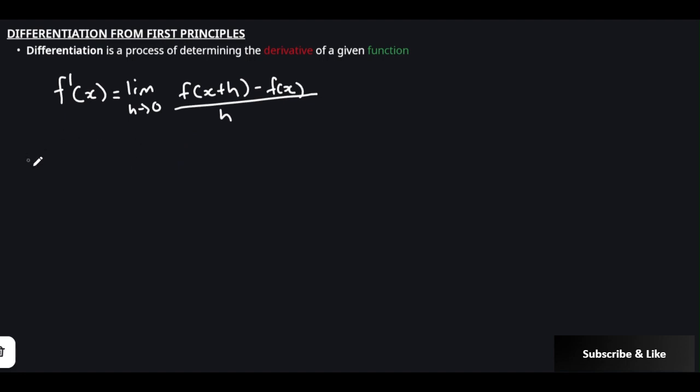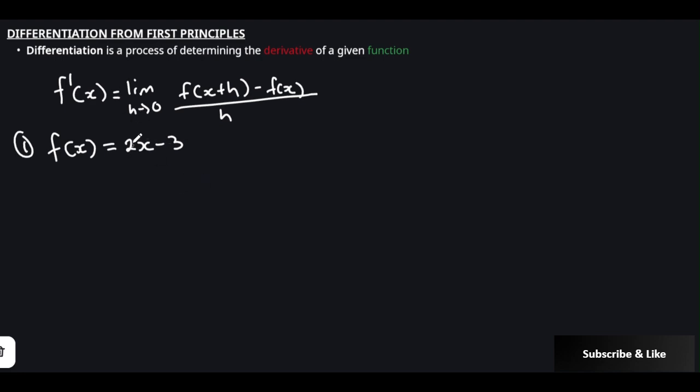So let's go and do one example. Let's say you are given the function f of x equals 2x minus 3, and they say determine the derivative of this function using the first principles.